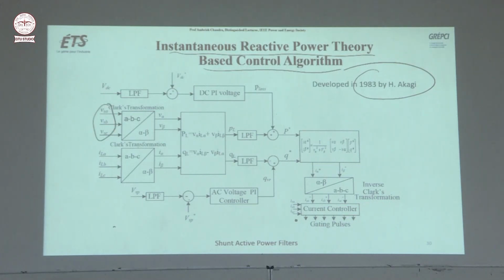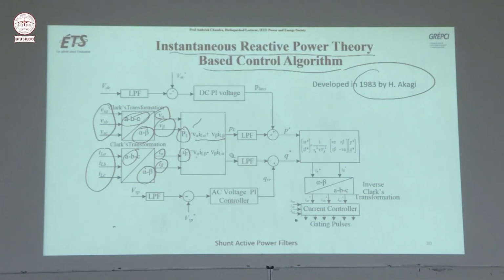You measure VSA, VSB, VSC, and do the Clarke transformation, ABC to alpha-beta transformation, giving V alpha, V beta. You measure the three load currents, ABC to alpha-beta transformation, giving I alpha, I beta, and then you calculate using this equation. This is the work of Professor Akagi.